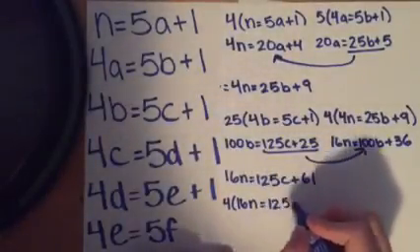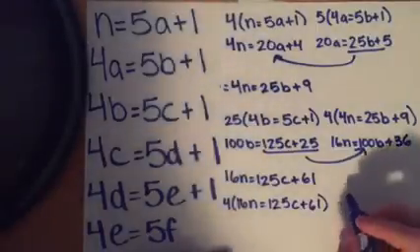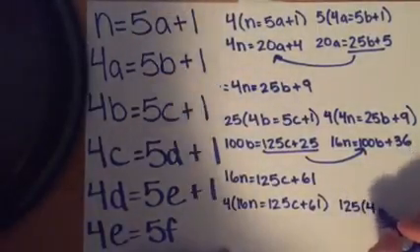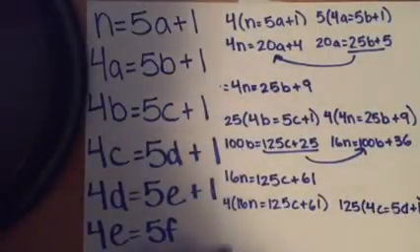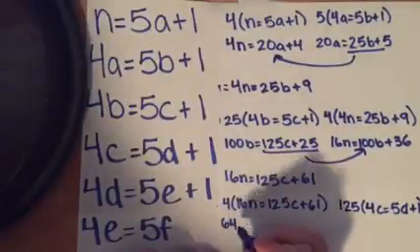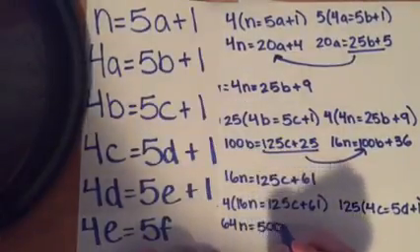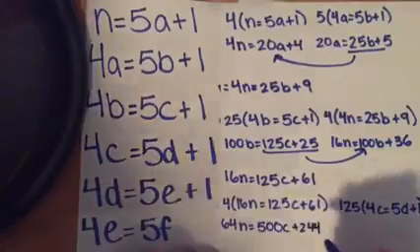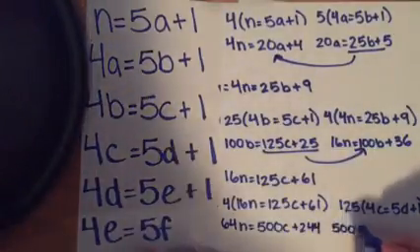And then once you have 100b on both sides, we can then proceed to plug in for 100b. Then to combine the new equation with the fourth equation, we would multiply the new equation by 4 and the fourth equation by 125 in order to get the like value of 500c on both sides, and then proceed to plug in.